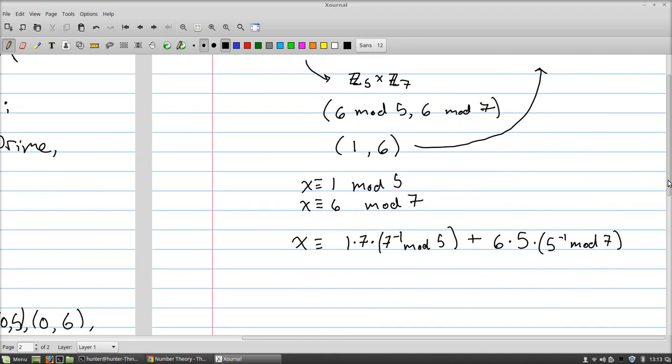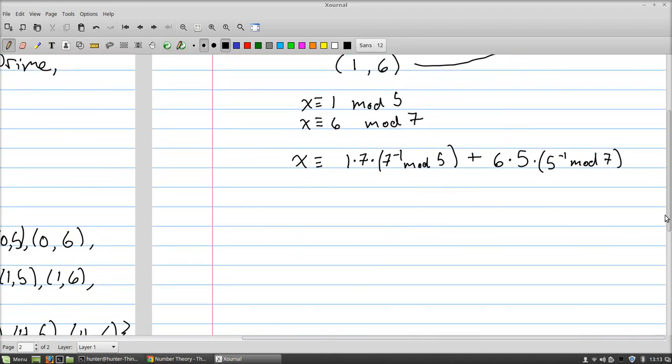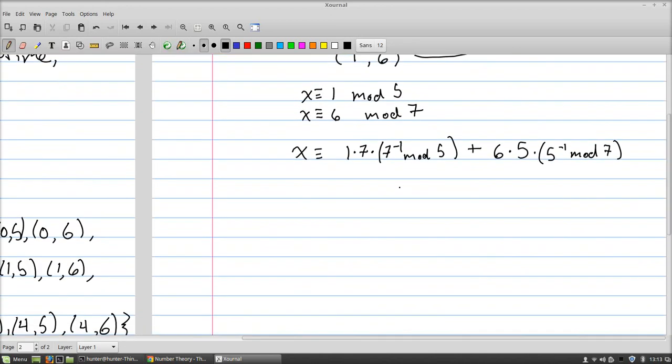We already know, because we're cooking up this problem, that the answer is 6. But let's figure things out and make sure that actually happens. So what is 7 inverse mod 5? This is the same thing as 2 inverse mod 5. And what is 2 inverse mod 5? It's 3 mod 5.